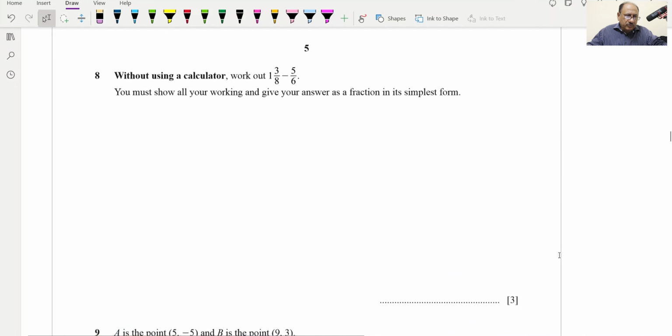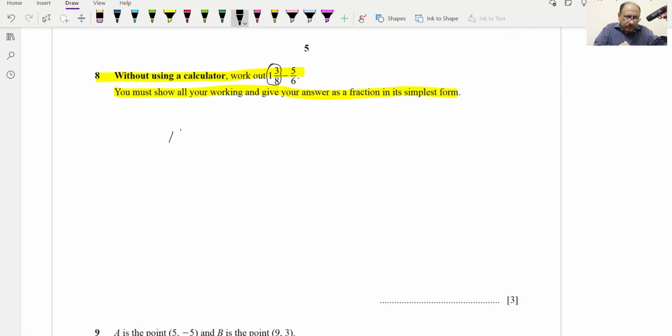Easy, straightforward question. Question number 8 says, without using calculator, work out this. Basically, we have to show all working, right? And we have to provide the answer in simplest fraction. So 8 whole 1 by 3 we can write as 8 ones are 8 plus 3.